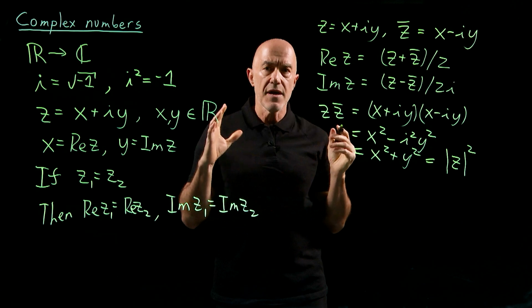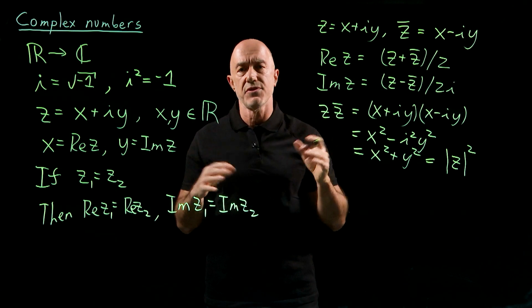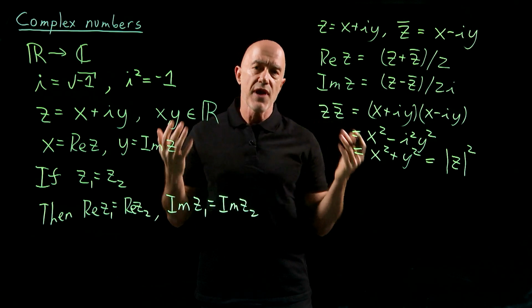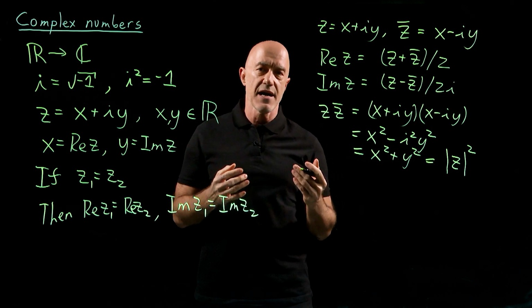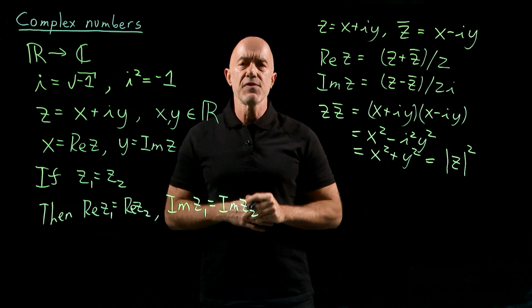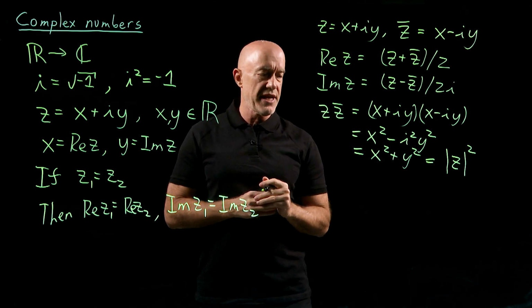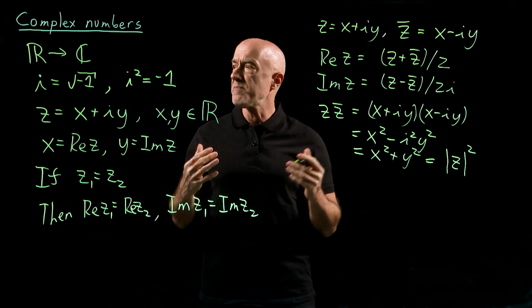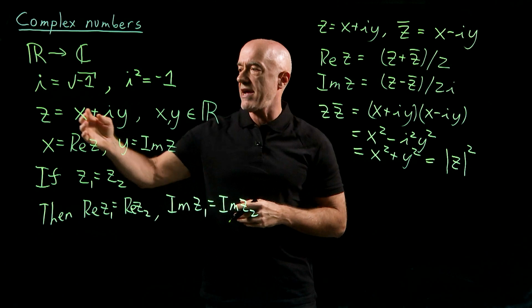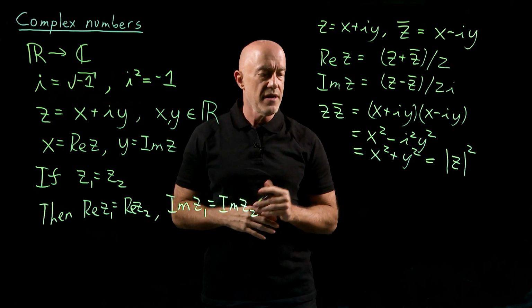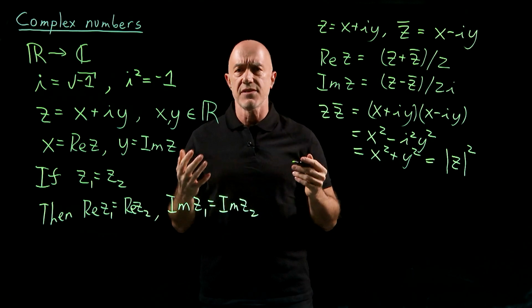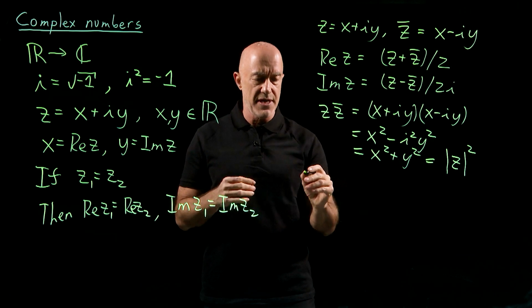Okay, when you add two complex numbers, you get a complex number. Subtract two complex numbers, multiply two complex numbers, you get a complex number. Even if you divide two complex numbers, you get a complex number. By a complex number, I mean a number we can write as a real part plus i times an imaginary part. So let's look at division, because that's the only one that is slightly complicated.